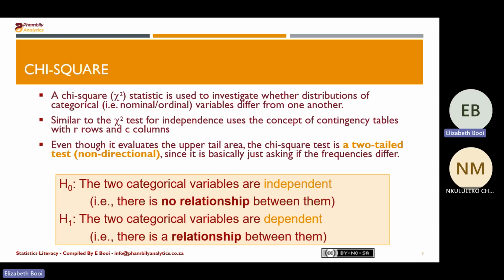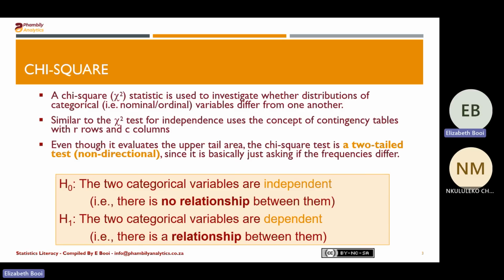So similar to the correlation, your chi-square test for independence uses a contingency table. So we are going to use what we call a cross-tabulation table, which will have a number of rows and a number of columns.